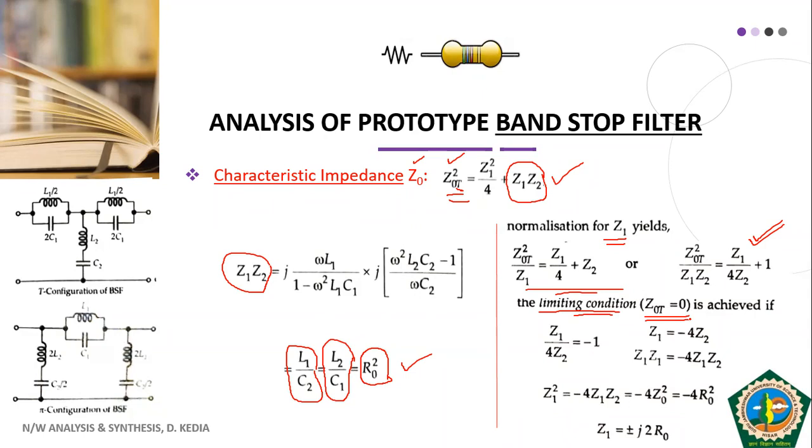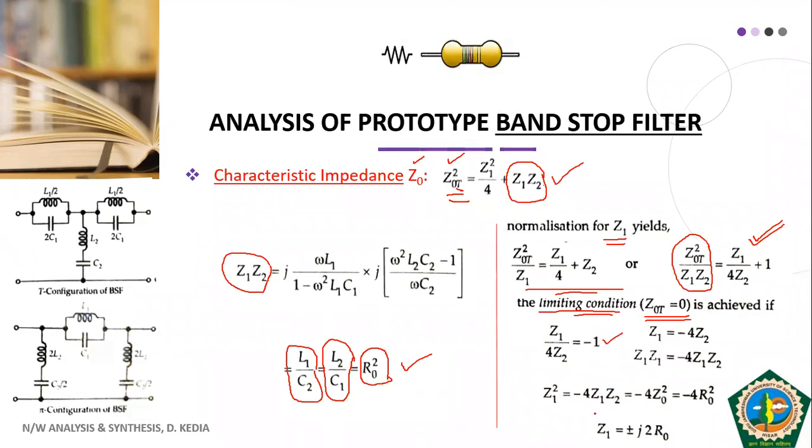Now on either side of this limiting condition, two things will exist, or you can say two cutoff frequencies will exist. The same concept we had followed in the band pass filter as well. So if we put Z naught T equal to 0 here, we get Z1 by 4 Z2 equal to -1.